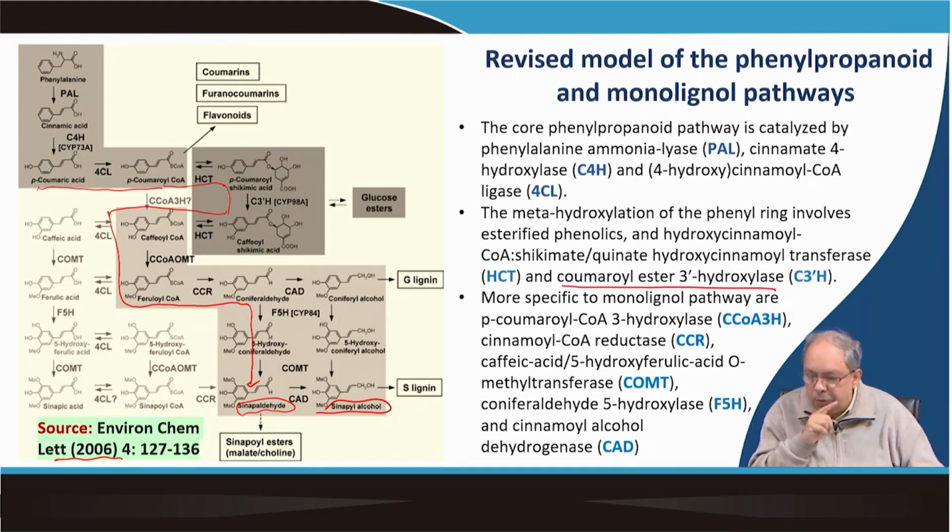Both C3H and C3 prime H are used. C3H is used when you are talking about coumaroyl shikimate to caffeoyl shikimate, but when you are talking about coumaroyl quinate to caffeoyl quinate, there C3 prime H is used. That is the normal convention.